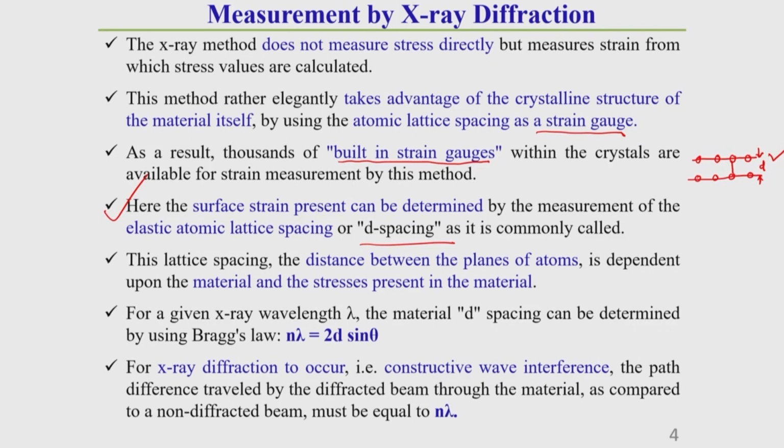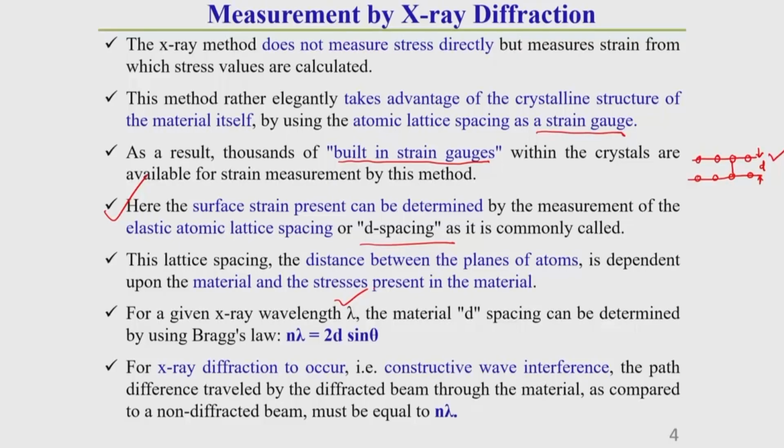This is commonly called D spacing, because the distance between these two layers is called D spacing. This lattice spacing is the distance between the planes of the atoms, which depends upon the material and the stress present in the material. Without stress present in the material, it will have one value of D. If there is some stress present, it will have some other value of D. This you should keep in mind.